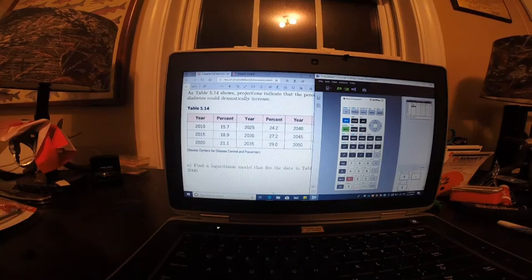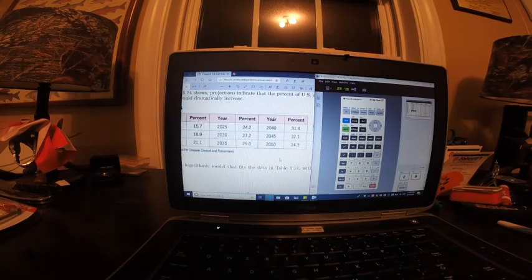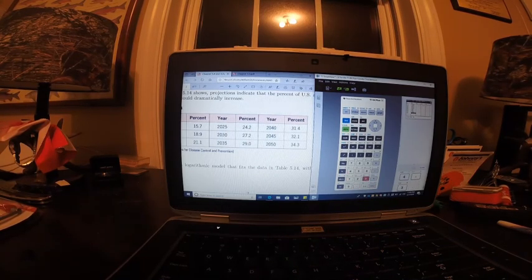Typing it in is always the most tedious part. 24.2, 27.2, 29, 31.4, 32.1, and 34.3.